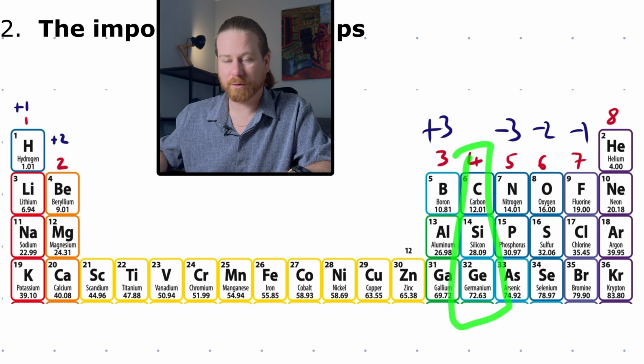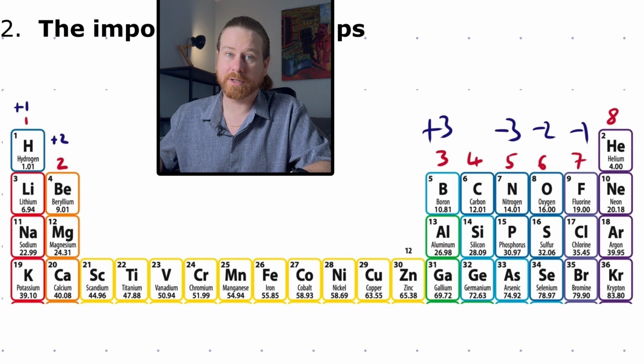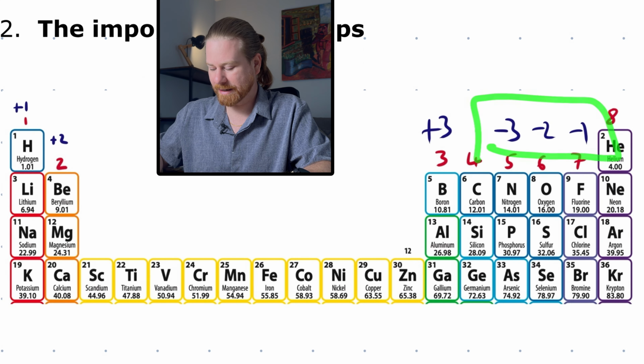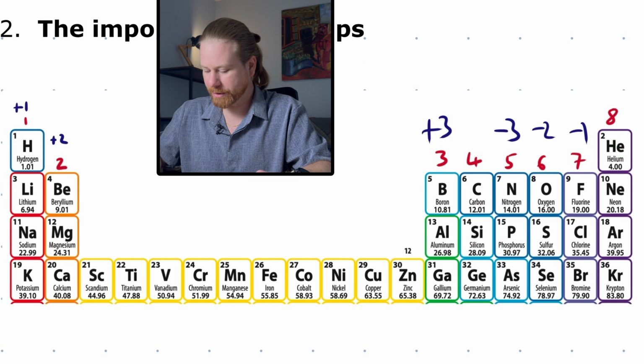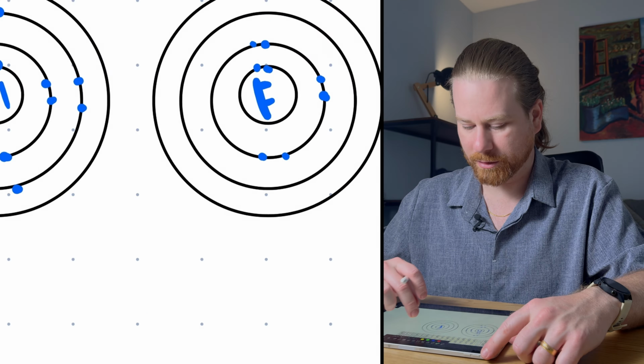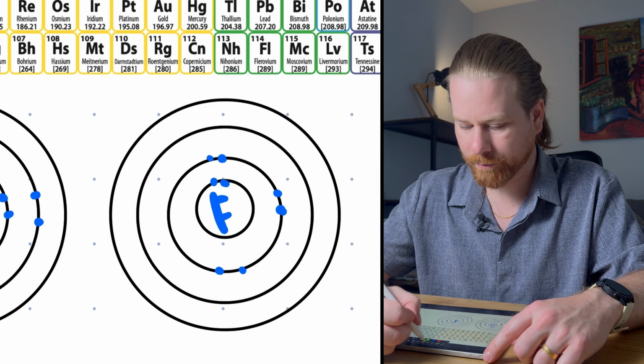Group 4 doesn't really lose or gain electrons, it does covalent bonding. And then over on the other side of the periodic table, with the non-metals, they are gaining electrons. So nitrogen gains 3, oxygen gains 2, and then fluorine and everything in group 7 gains 1. So if we just have a look at fluorine, because we've still got it here.